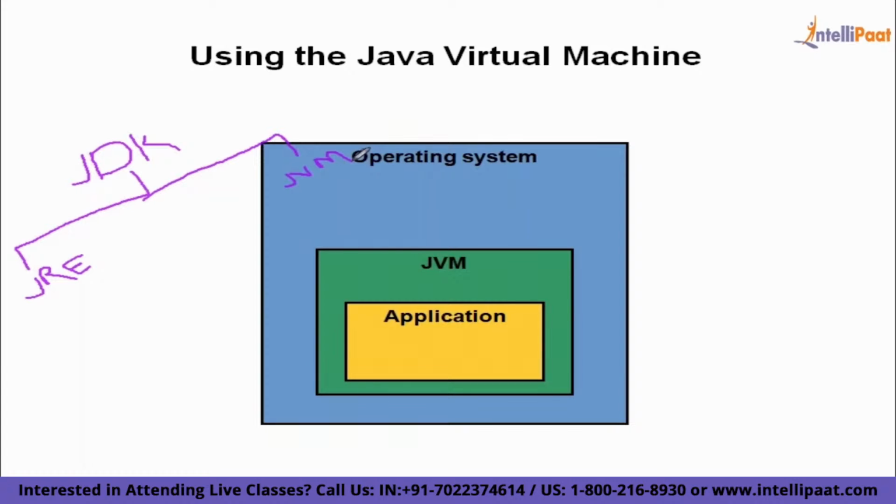The JDK, development kit, is obviously required because I am writing my own Java code and I may be testing it as well before executing. I may be compiling it, right? So I would need all these tools in my system to support the development of my Java application.